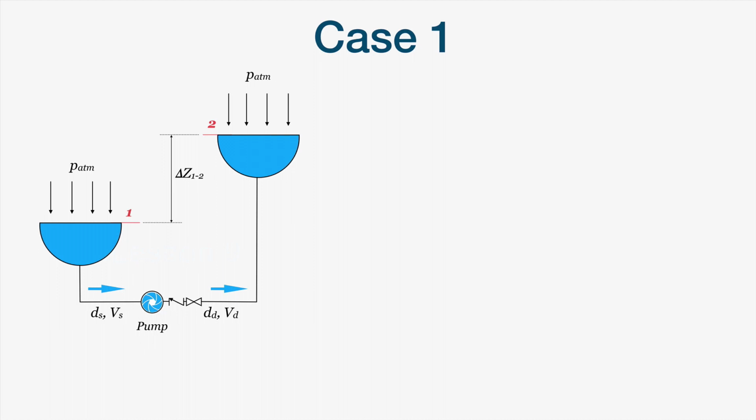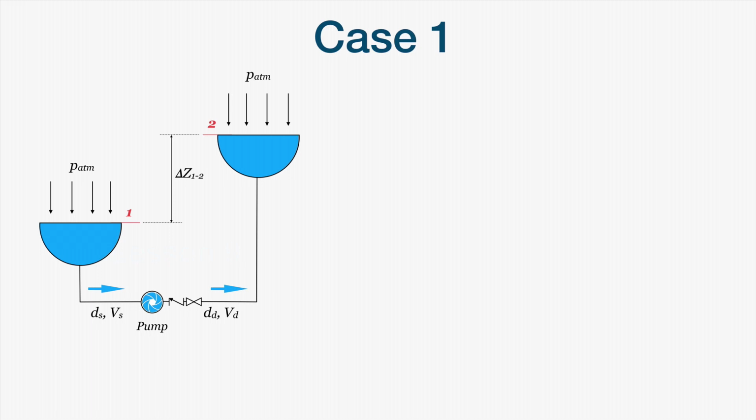We have here the most simple system of all. Two vessels connected by a pipe where the pump is installed. We have the suction pipe upstream of the pump and the discharge pipe downstream of the pump.